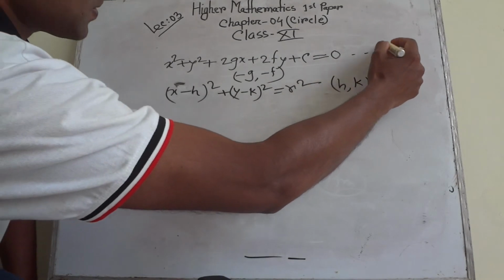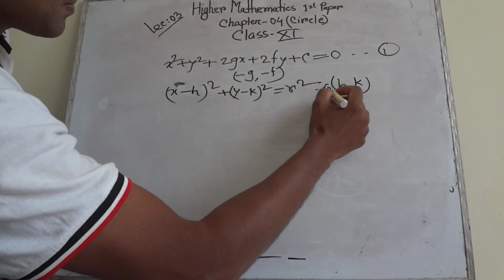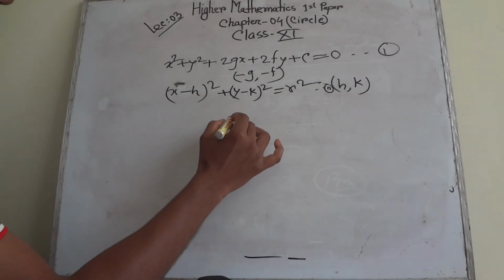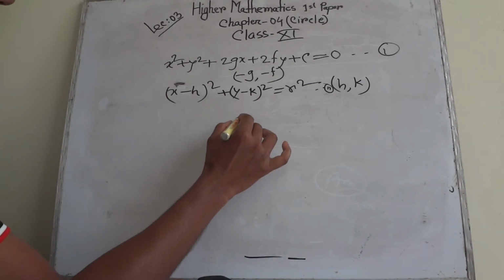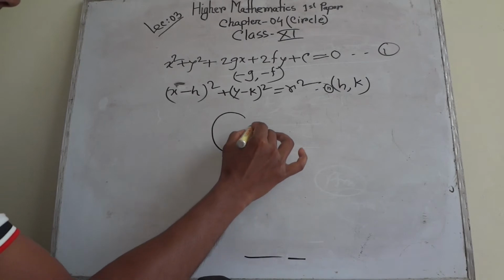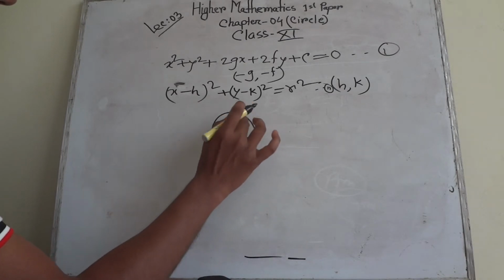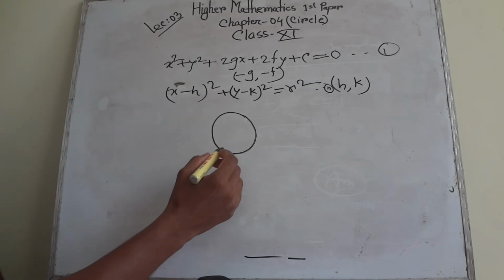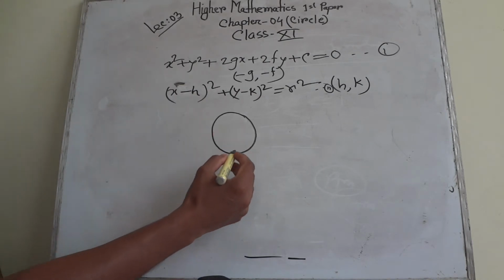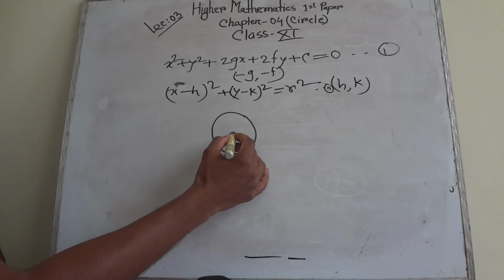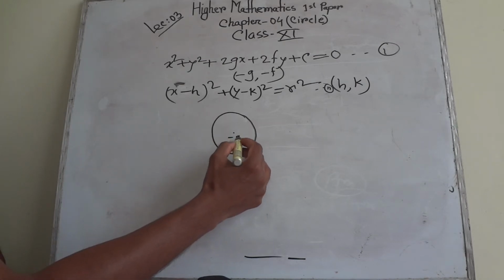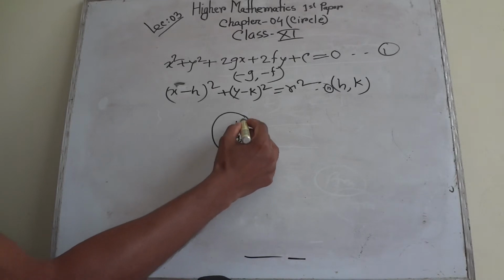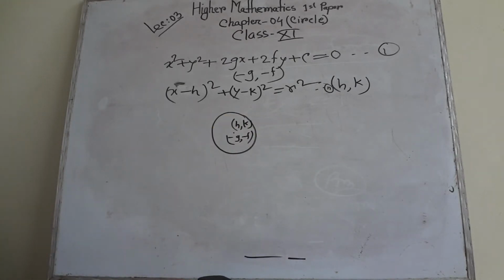This is equation number 1 and this is equation number 2. That means the circle will be like this. So the center is (minus g, minus f) or (h, k).